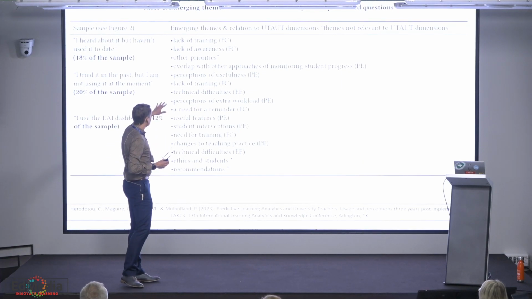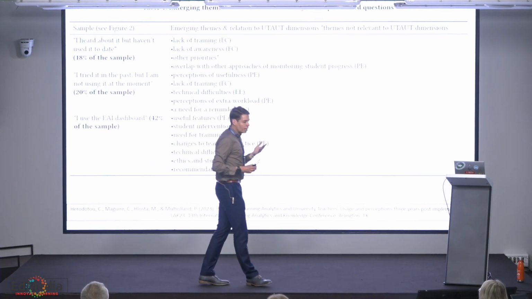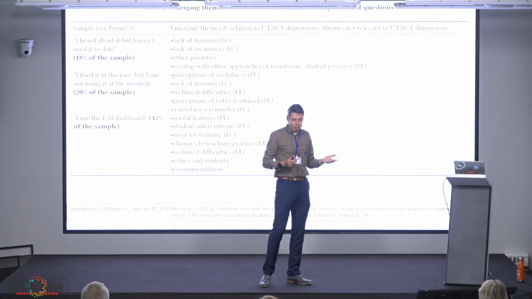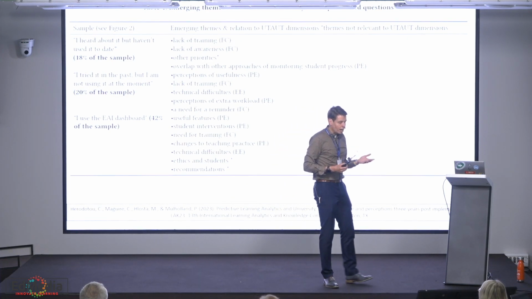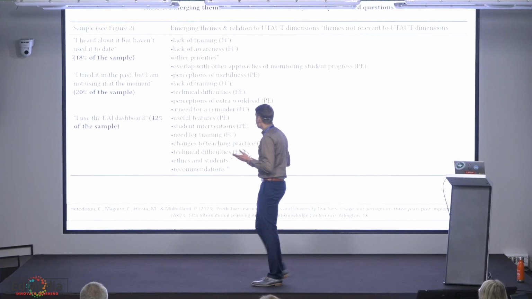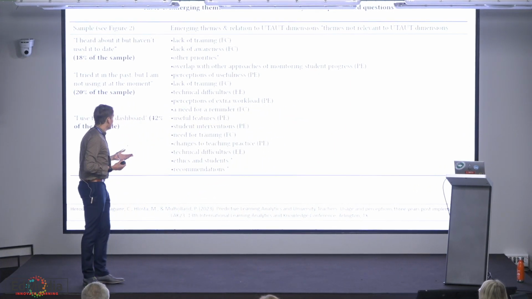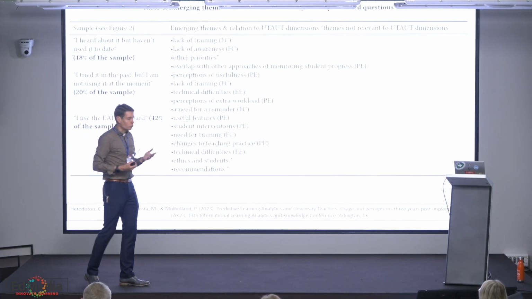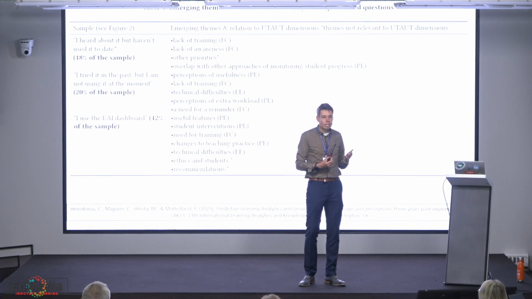And some of the factors that they identified were a lack of training, a lack of support, other priorities. Then there is a group of teachers who said, yeah, I've tried it in the past, but I'm not really using it. And again, they highlight the lack of training, the technical difficulties of using the system, and the perception of extra workload. Then there's a group of teachers who basically use it on a daily basis.